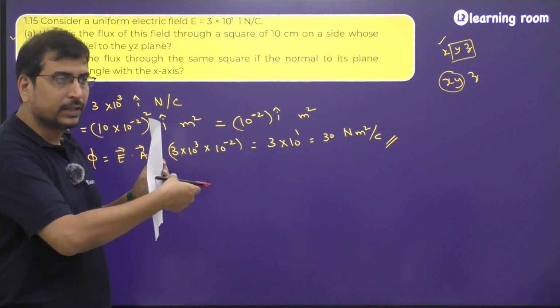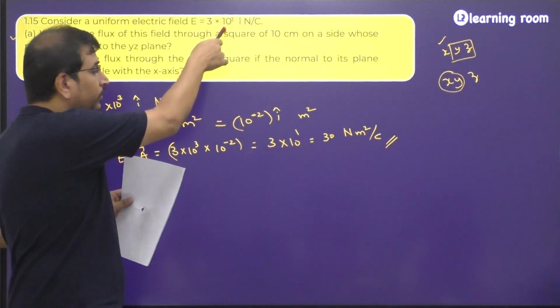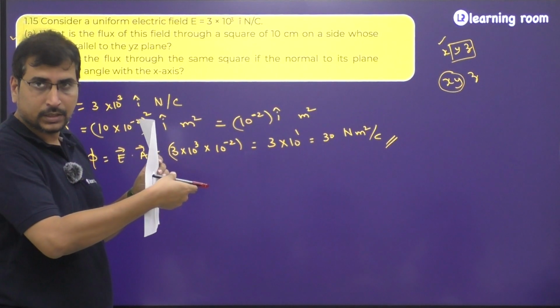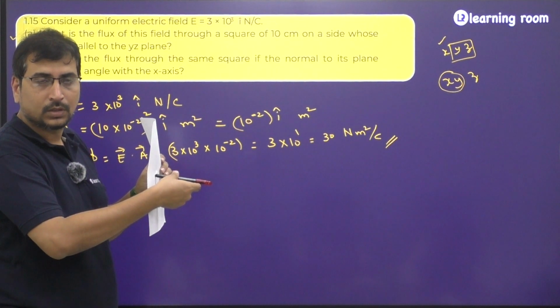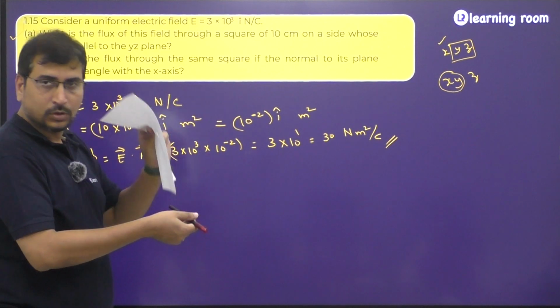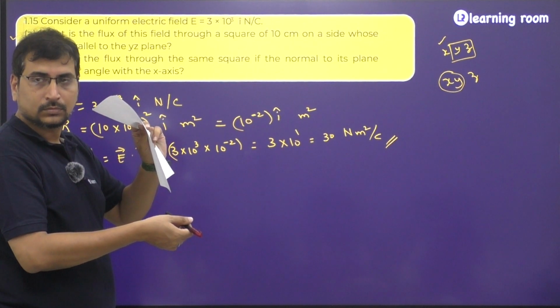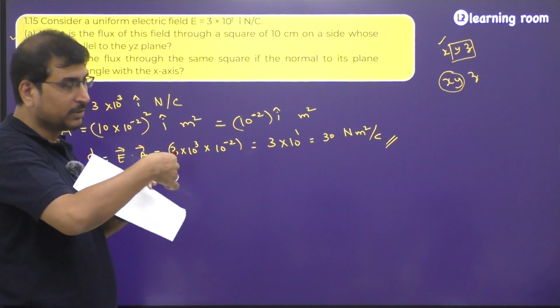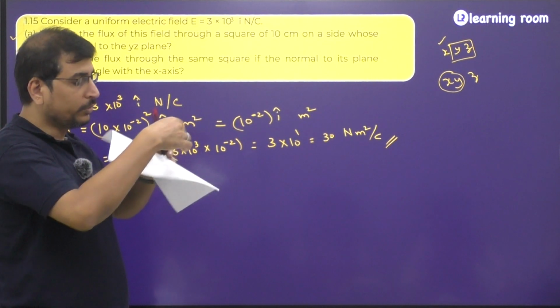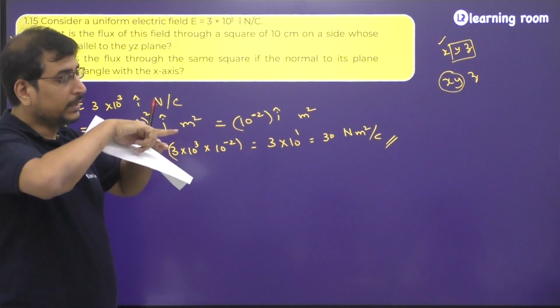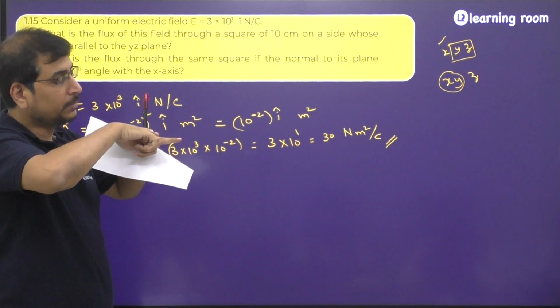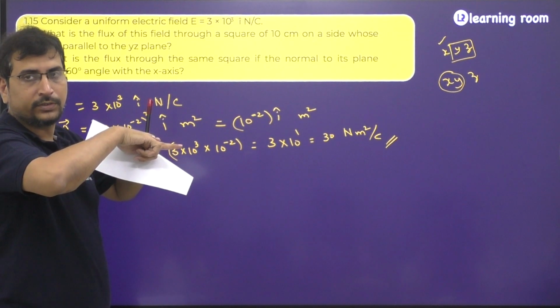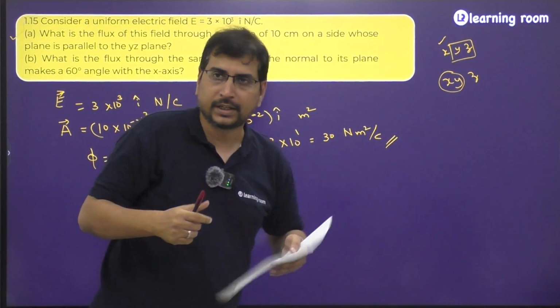This is the direction of electric field, no doubt in that. It is fixed, positive x direction. Now how is the square? Like this. If this is the normal for the paper, and this is the x direction, how much is the angle between both? 60, right? Then why do you want to take 90 minus 30?